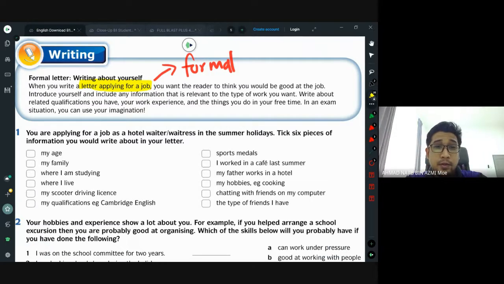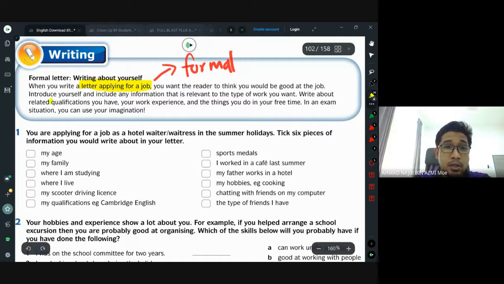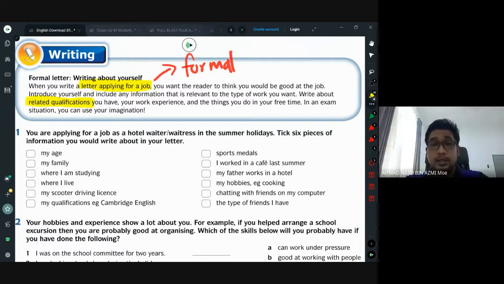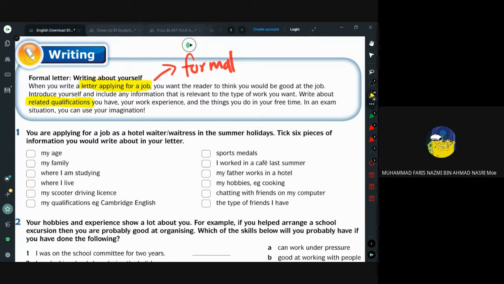Introduce yourself and include any information that is relevant to the type of work you want. Write about related qualifications. So here are the things that you need to write. Related qualifications. Remember what qualifications are? Apa dia qualification? The meaning of it? Apa? Kelayakan.